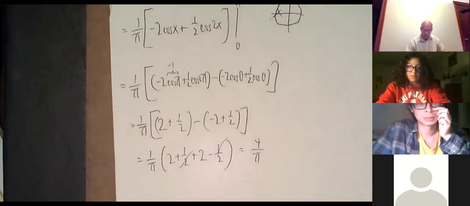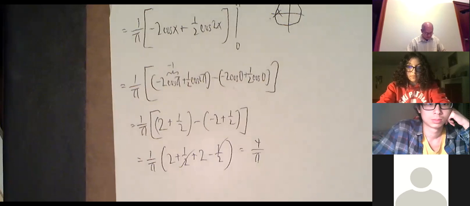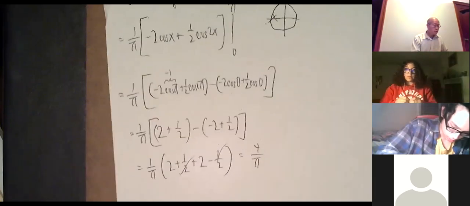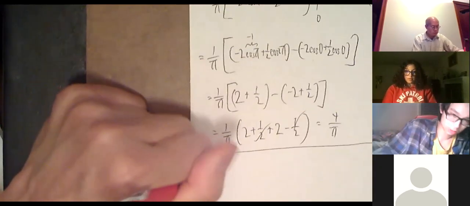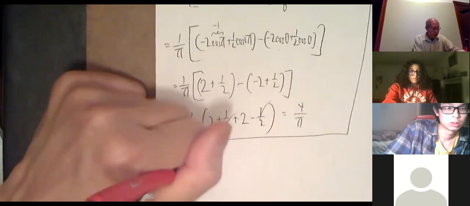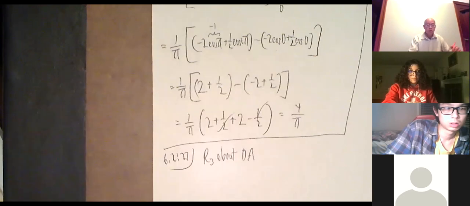Okay, 6.2, 27, 29. Let's see. Problem 27, region 3 about OA.